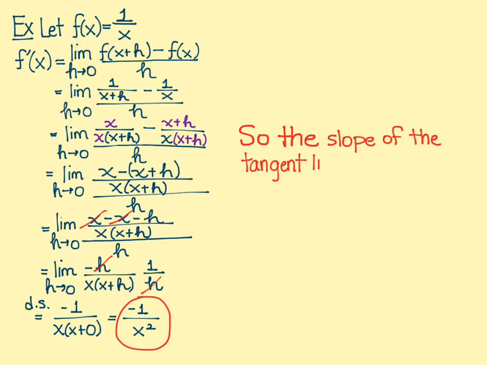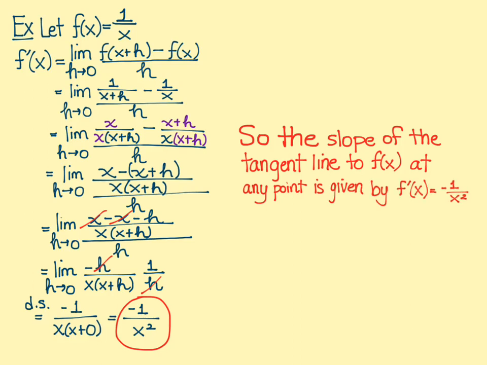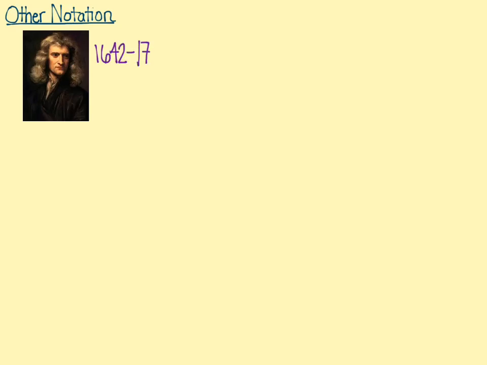Once again, the derivative tells us the slope of the tangent line to the function at any point. So if I wanted to find the slope of the tangent line to my original function, I would just plug in the x value into this formula, negative 1 over x squared. There's other notation for the derivative. The reason for this is because calculus was simultaneously discovered or invented by 2 different mathematicians.